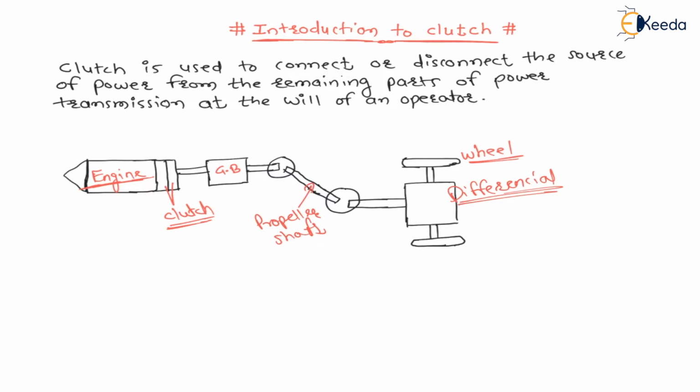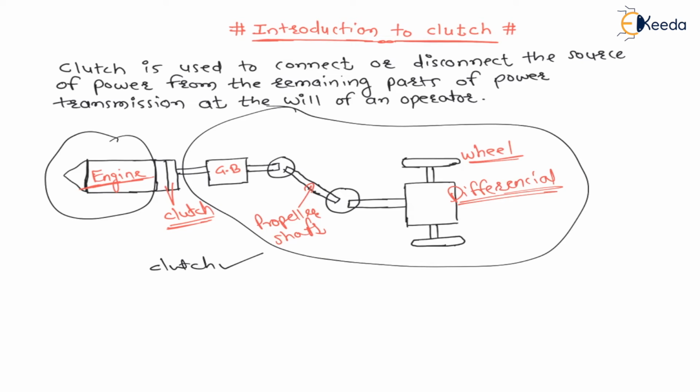Now if the clutch is applied while running the vehicle, then power is disconnected between the engine and the other remaining parts of the vehicle. This is the purpose of clutch. And whenever the clutch is not applied, power is transmitted between the engine and the other parts of the vehicle.